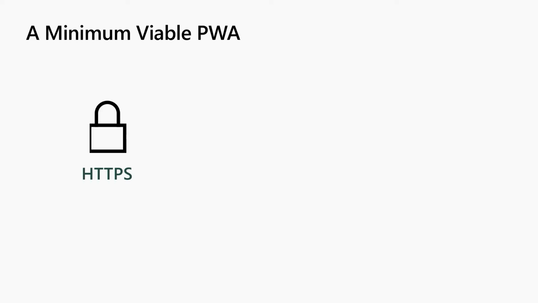We need to be running on SSL, HTTPS. You don't necessarily have to be running on HTTP2, but that's a bonus. A lot of the APIs we want to take advantage of in these more engaging apps and websites are now requiring SSL. So security is really important.